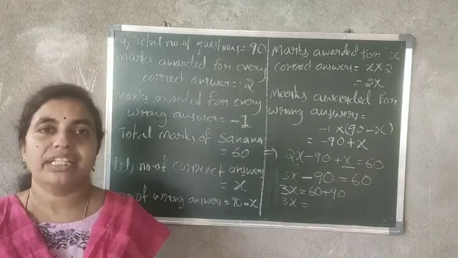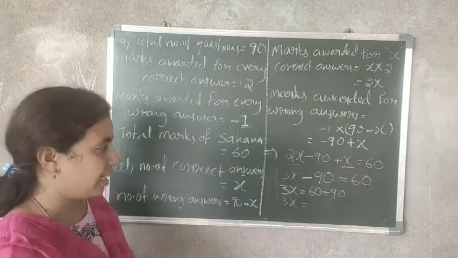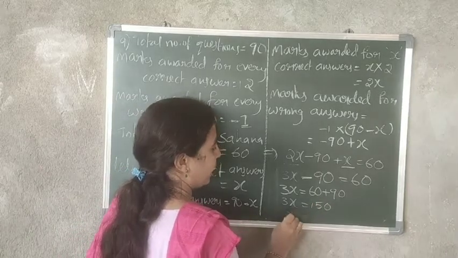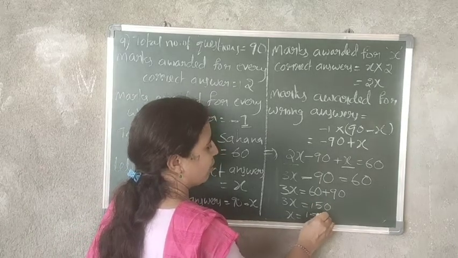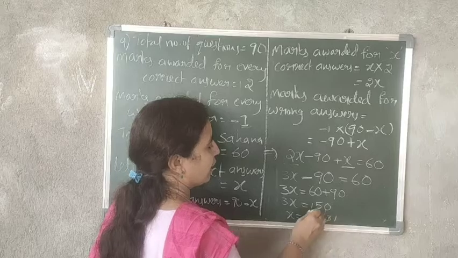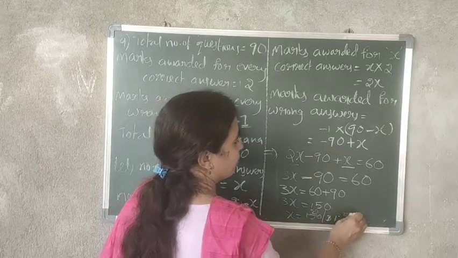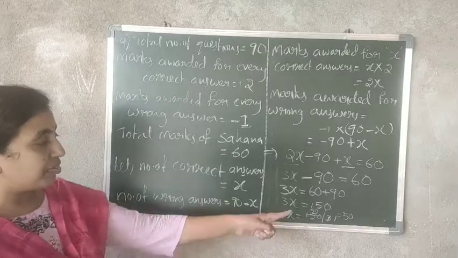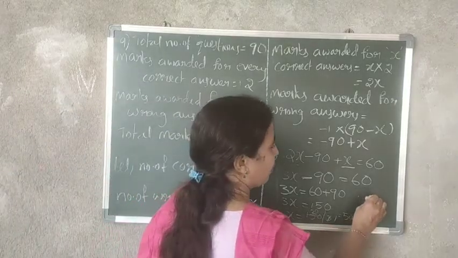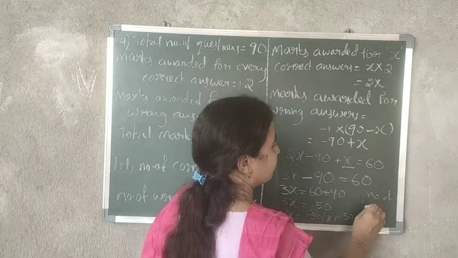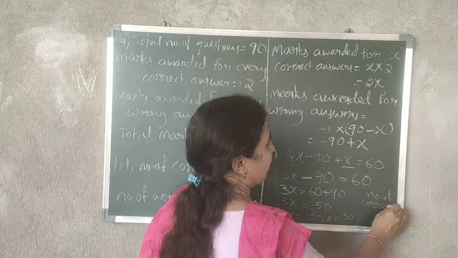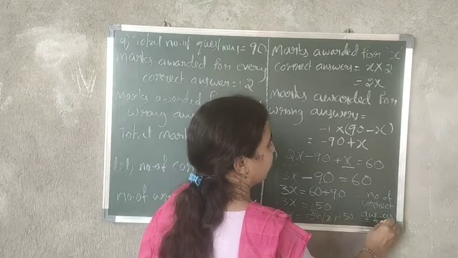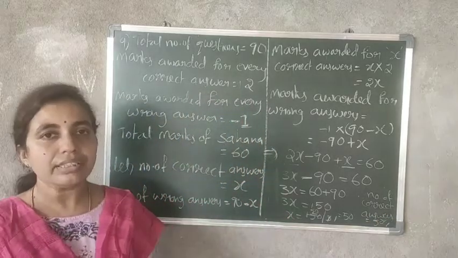When you transpose minus 90 to that side, it will become plus 90. 60 plus 90 is nothing but 150, and x is equal to 150 by 3. 3 ones are 3, 3 fives are 15, so it is 50. So how many correct answers did she do? She has written 50 correct answers. Therefore, number of correct answers is 50.